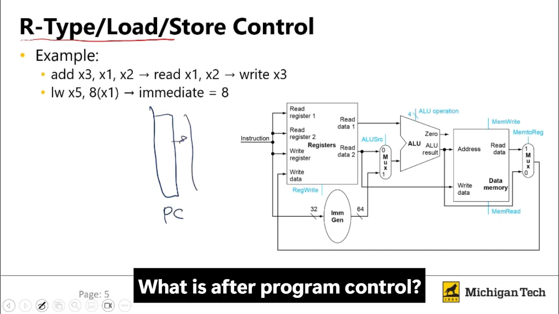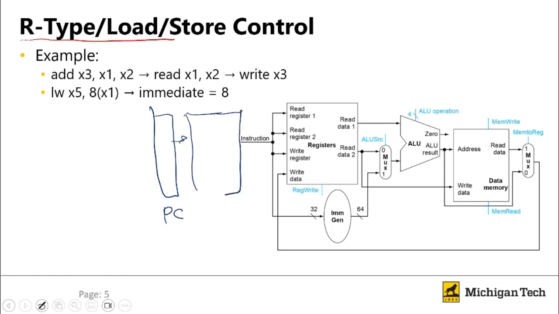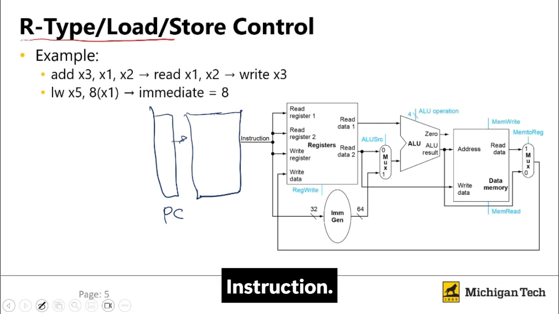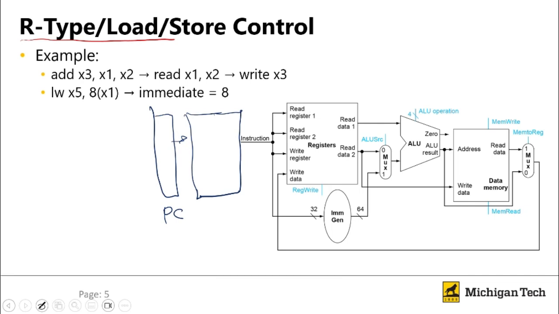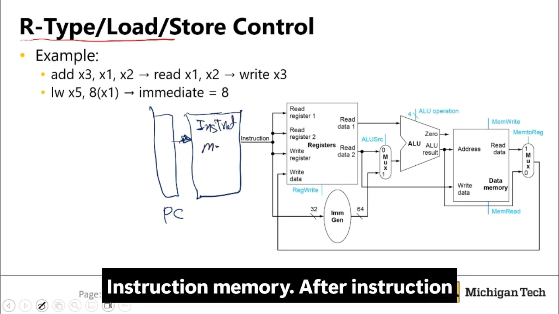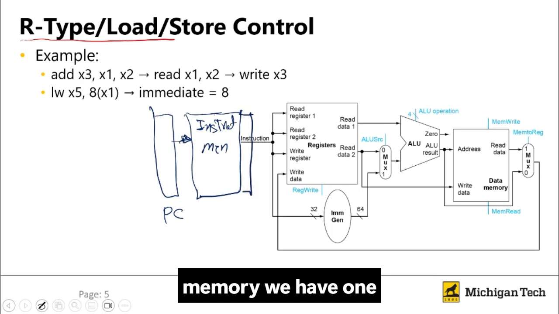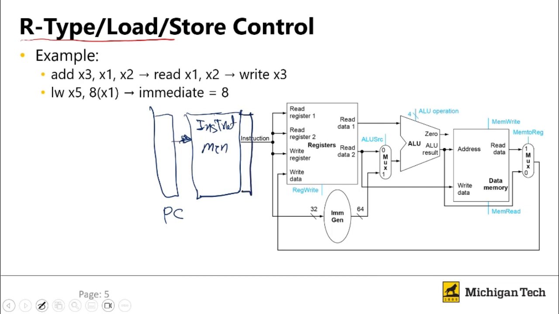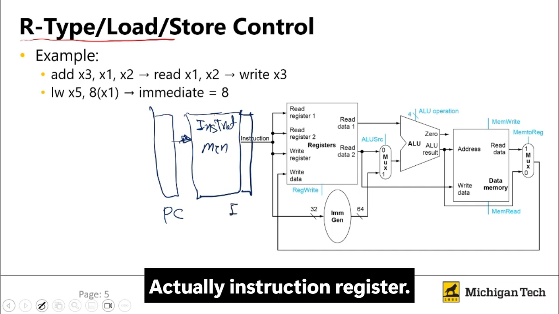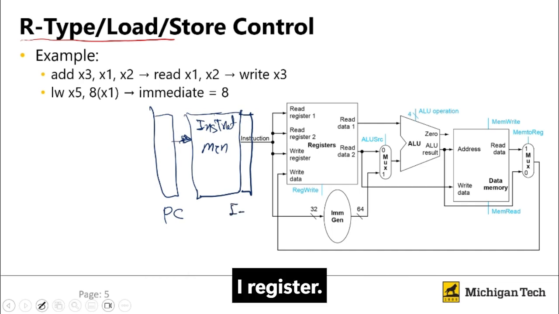What is after the program counter? Instruction memory. After instruction memory, we have one register that is actually called the instruction register, IR.